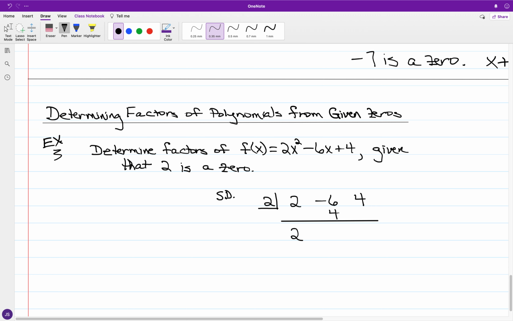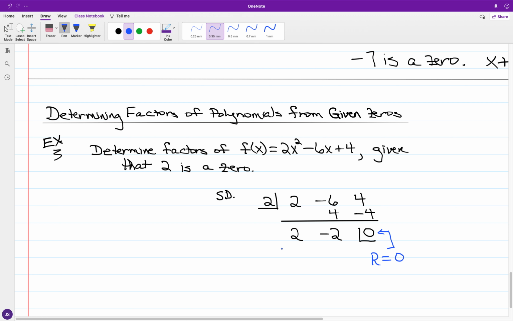Negative 6 plus 4 is negative 2. Then 2 times negative 2 is negative 4. 4 plus negative 4 comes out to 0. So the remainder is equal to 0.